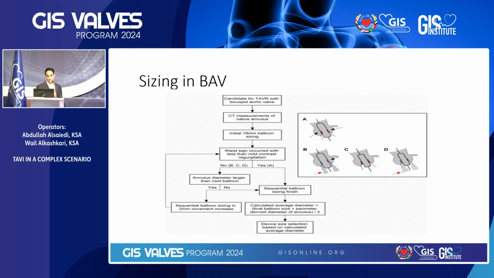If that happens, then you're going to go with the size based on the diameter of the balloon used and the perimeter derived of the annulus divided by 2. If this is not happening, then you're going to go with sequential upsizing of the balloon until you get this result. Then you do the same as here.